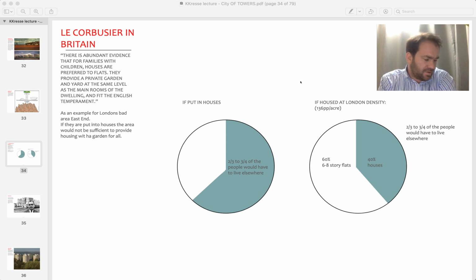So part of the ideas that caught on the most were these ideas of densified modern living. Here you can see a study of what it means if you house people in houses or if you house them at higher densities. It's not so much about the numbers, it's about the point that I just made, right? If you house people in low density, you consume more land.